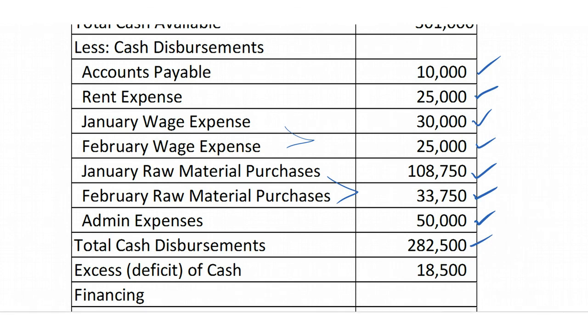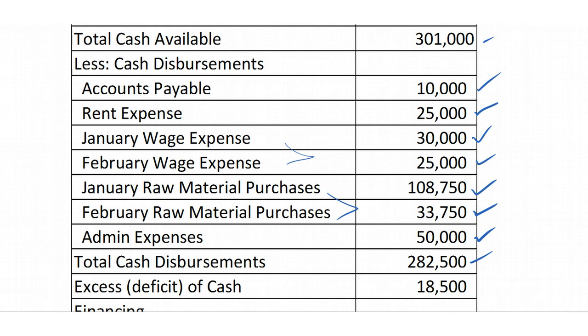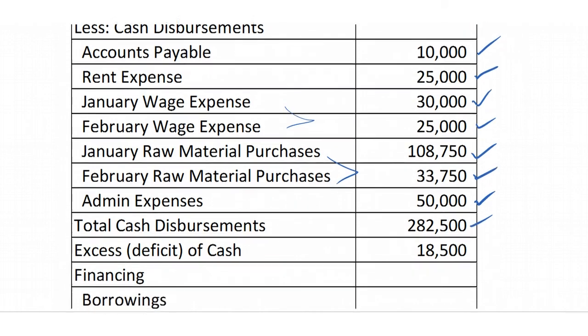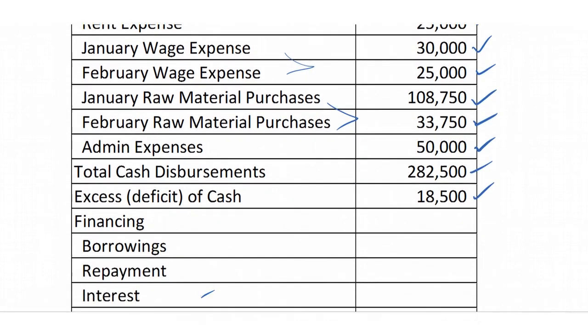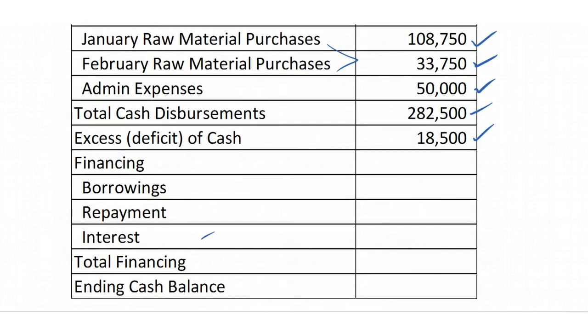I subtract that from the 301, and I get an excess of cash of $18,500. So that's more than $10,000, so we don't have to do any financing. And so that makes the ending balance $18,500, and that's what will become the beginning balance in March.